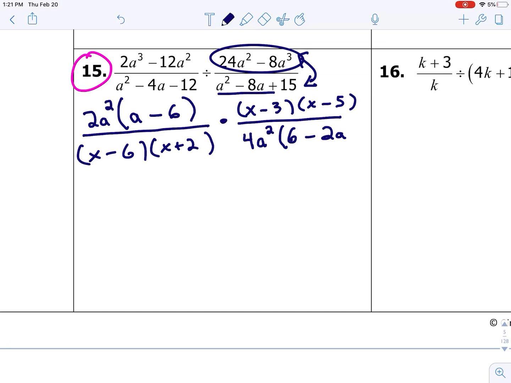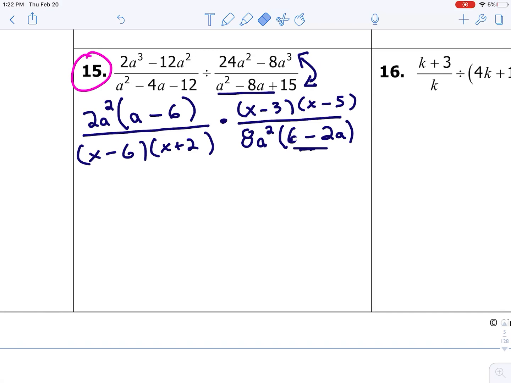Hold on. I can tell there's a mistake. Let me stop here and show you how I could spot this. When I look at this binomial, I can still tell that I could factor 2 out of those. This means I did not factor out the greatest common factor. 4 is a common factor. But what's the greatest common factor of 24 and 8? It's not 4.